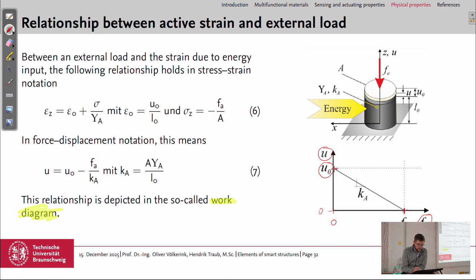If we connect these 2 points, we will get this line, and the slope of this line is the spring stiffness of the actuating material. And this we call the work diagram, and you will in the lab measure this point and also several other points on this line, and with this you can construct the work diagram from the experiment.